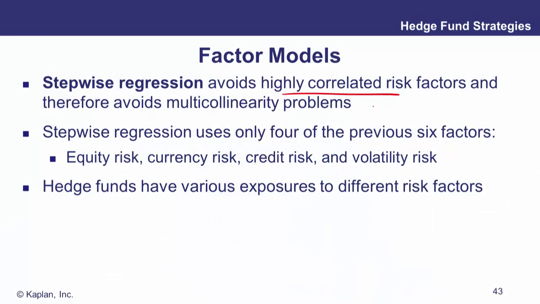And compared to the previous study of Hasanhodzic and Lo, apologies for any pronunciation mangles, we eliminate 2 of them. So we keep equity, currency, credit and volatility, but we get rid of interest rate risk and commodity. We reckon that there's just too much correlation really between those 2 risks and the other 4. So we've eliminated those highly correlated risk factors.